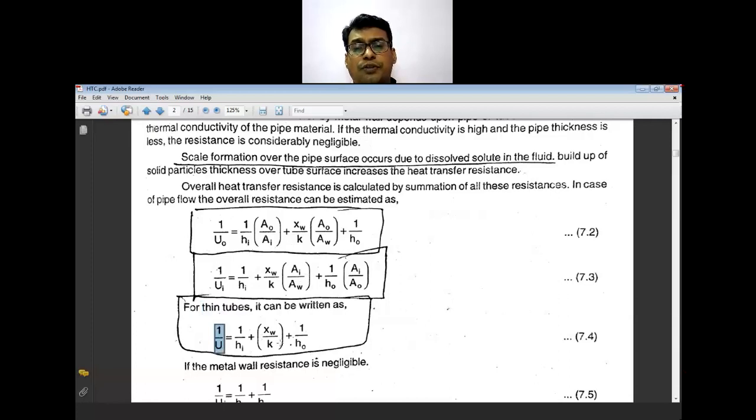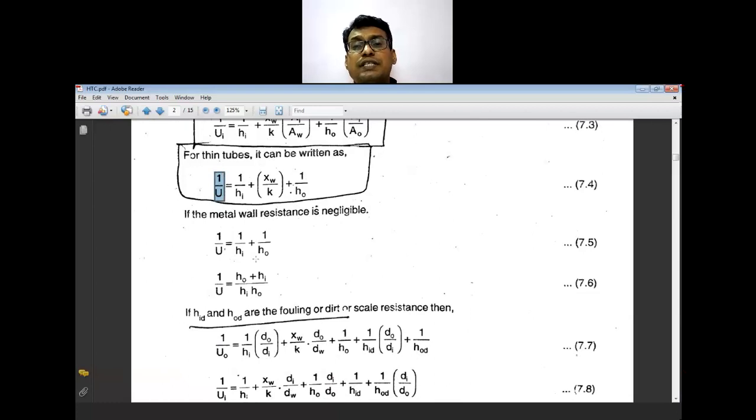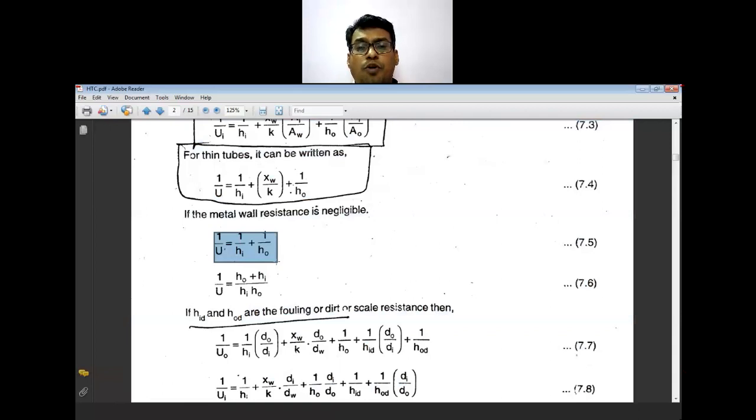So 1 upon U equals 1 upon HI plus XW upon K plus 1 upon HO. Now, if the metal wall resistance is neglected, then the overall heat transfer coefficient becomes 1 upon U equals 1 upon HI plus 1 upon HO.